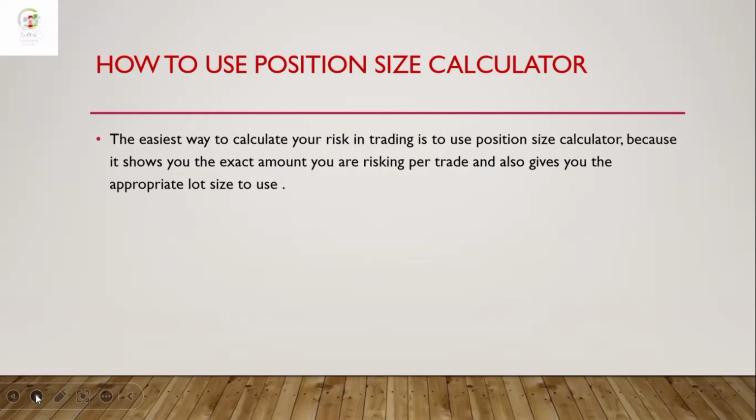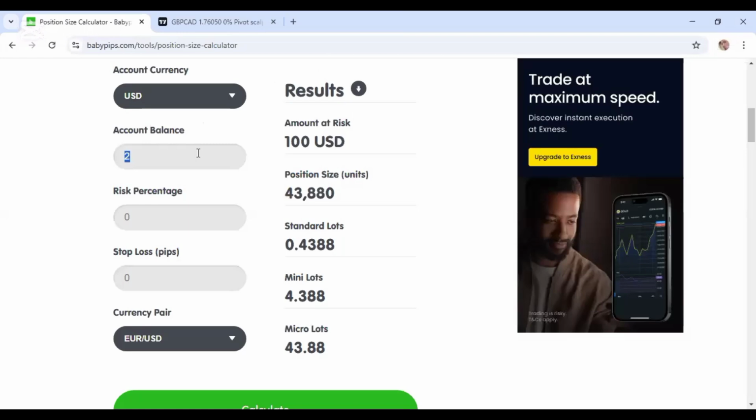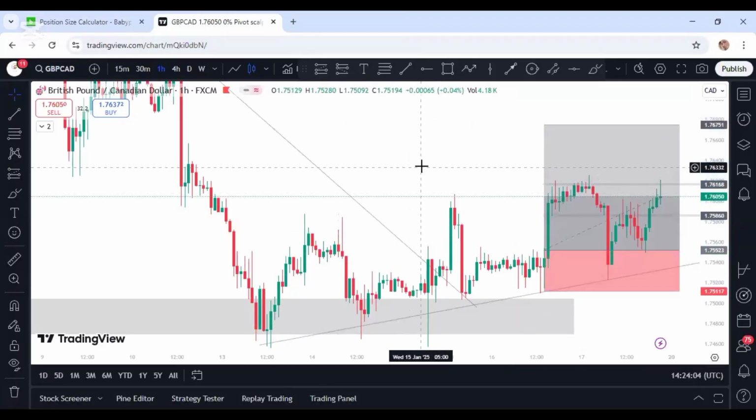So I will show you how to use the position size calculator to calculate your risk in Forex. What you do, you just type Babypips calculator on Google. You will get this calculator on Google.